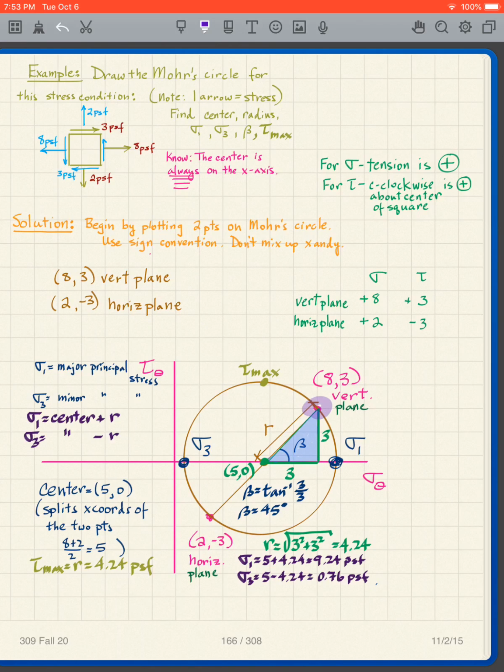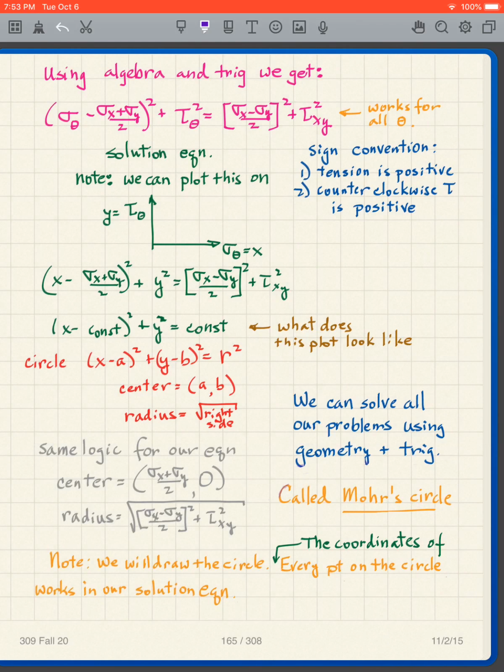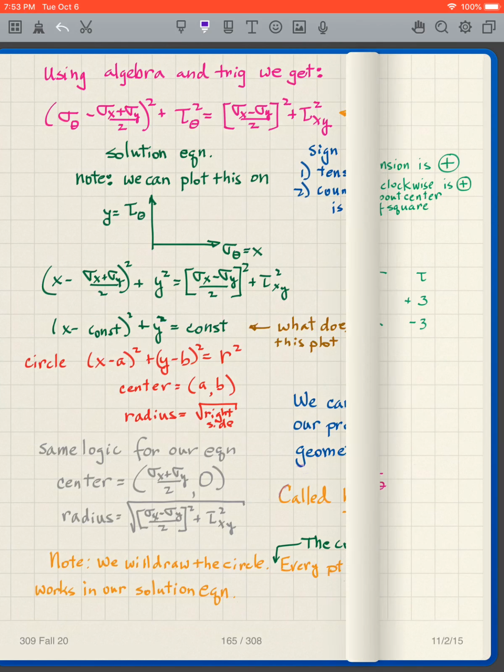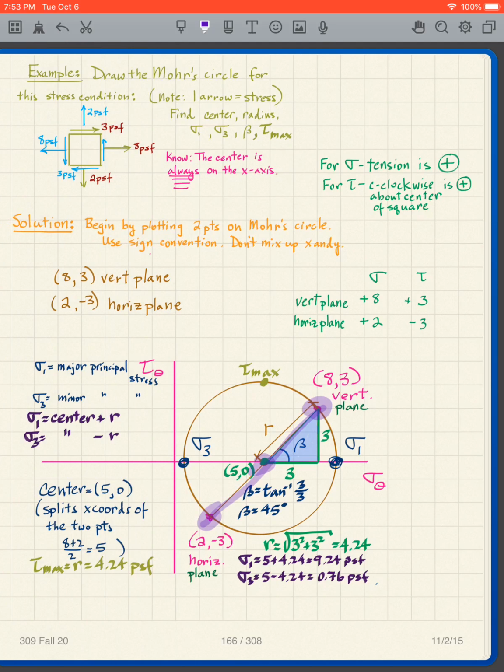I now have 2 points on my Mohr circle. What do I do? Well, I draw a straight line between them, and there's my center. It's very straightforward. I could go back to this equation and you could see how to do that, but it's not worth it. I'm just going to tell you how it works.